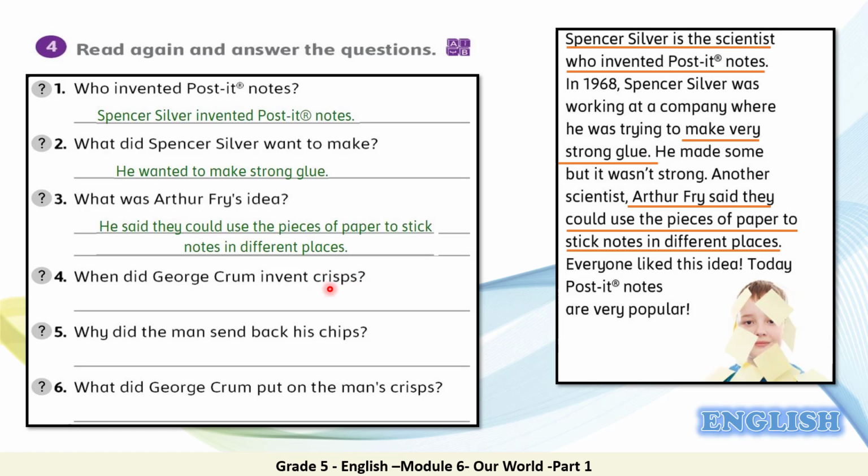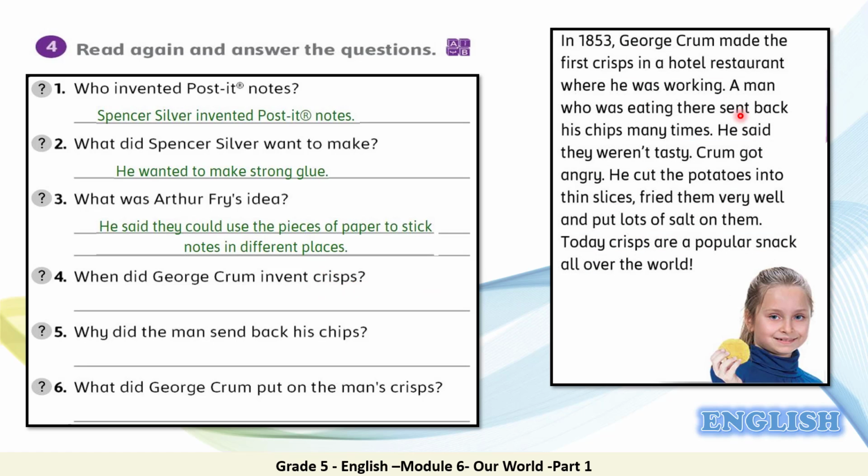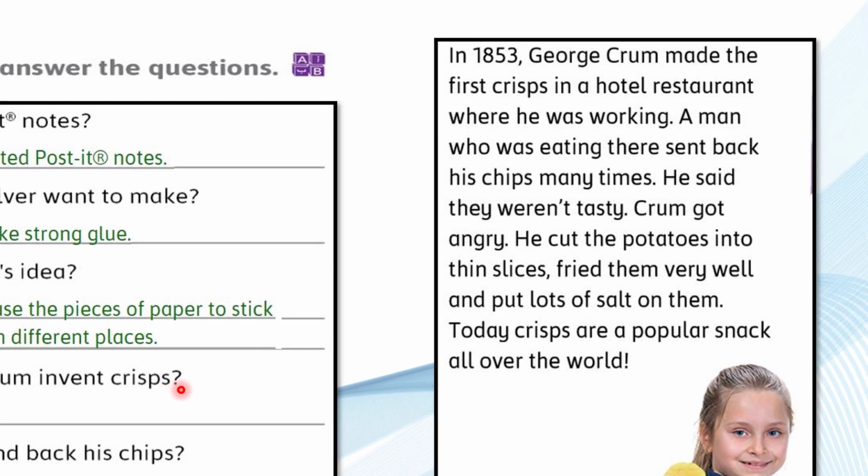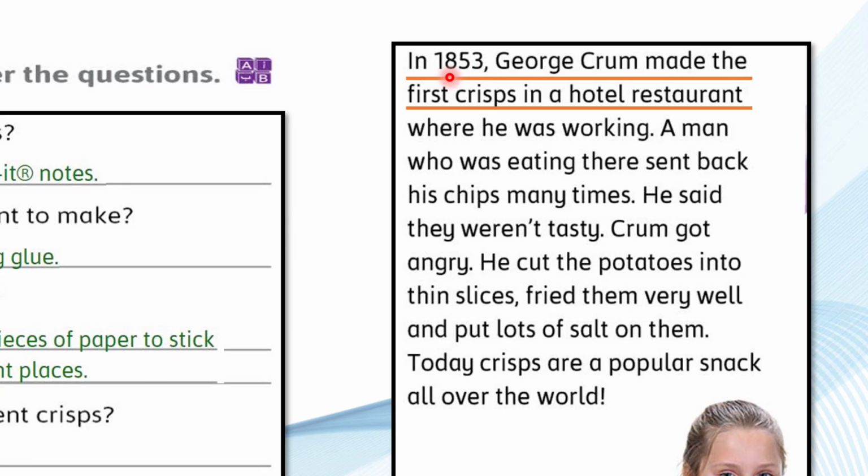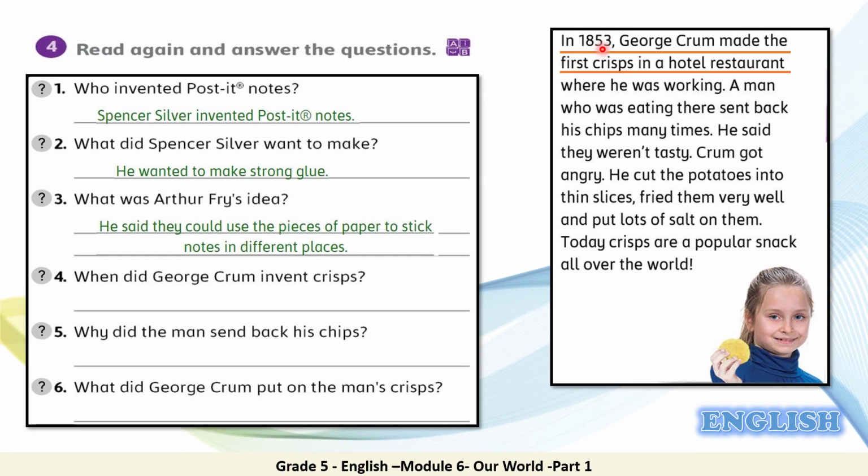So we're going to move to the second paragraph talking about crisps. Here it is. Read the question word, my friends. When, which asks about time or date. So we need to find the date in which he invented crisps. Did you find it? It's very clear, right in the beginning of the paragraph. In 1853, George Crumb made the first crisps. So the answer is in 1853.